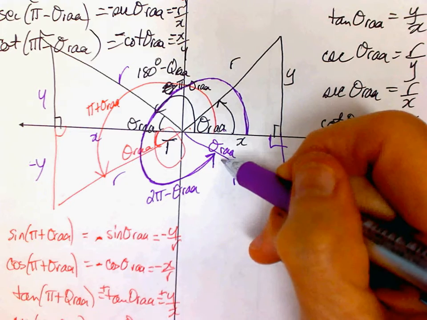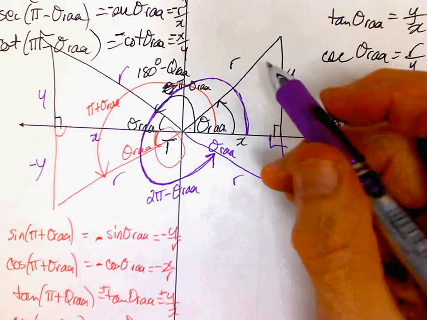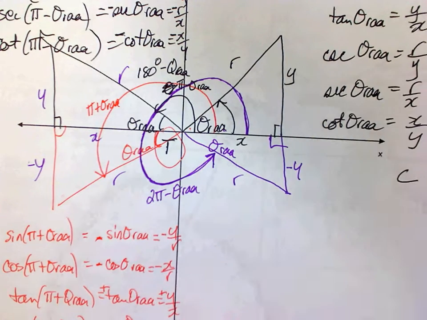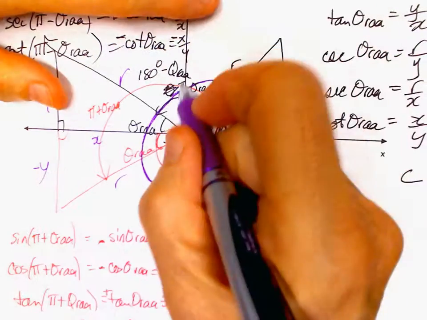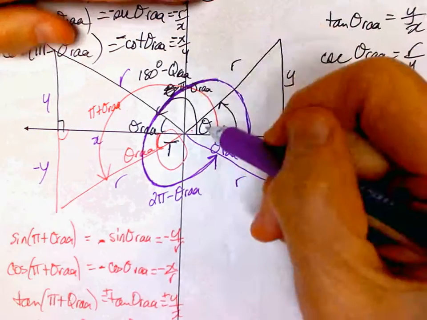You want me to slow down? What's the red triangle? That one's pi plus theta RAA.